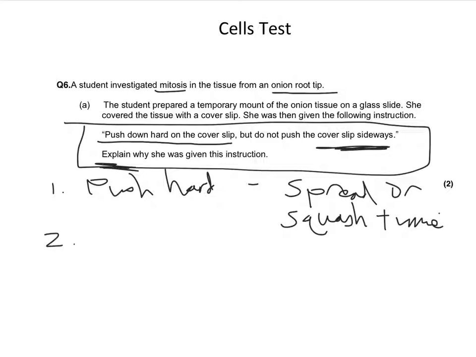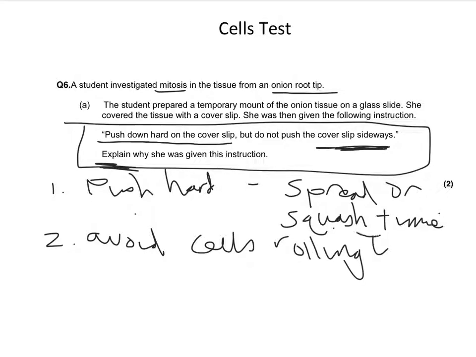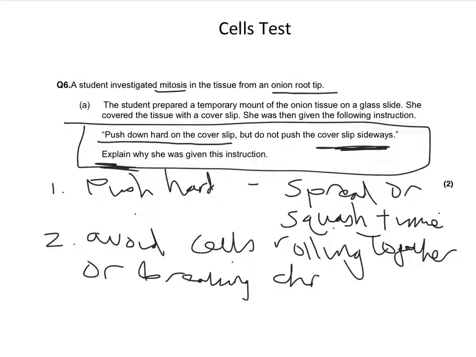The reason is that you're avoiding the cells rolling together. The problem with that is that you won't then be able to distinguish the chromosomes. So avoid the cells rolling together or breaking of chromosomes, because you're trying to observe chromosomes in mitosis, so you don't want to affect your view.